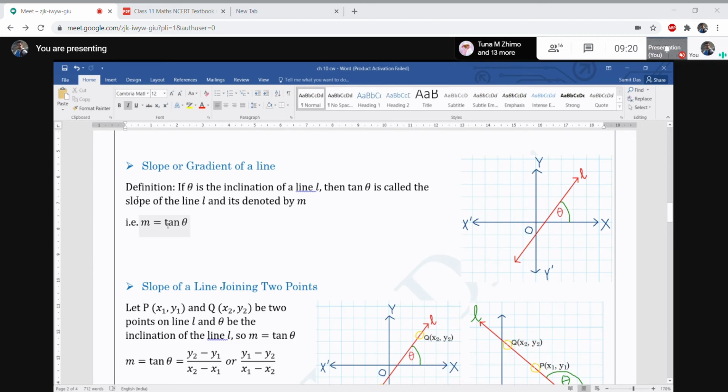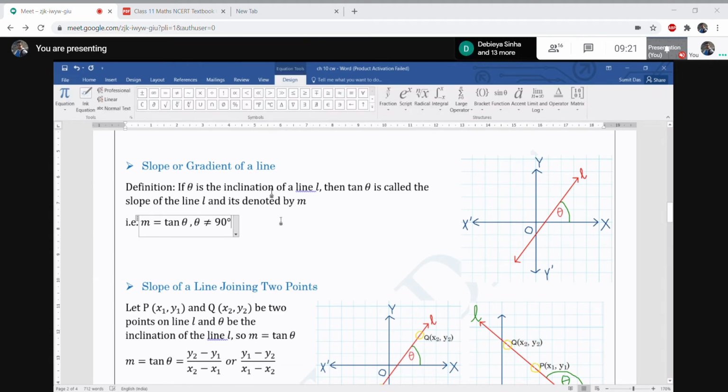Here, one thing we have to mention: theta is not equal to 90 degrees. Can anyone tell me why theta is not equal to 90 degrees? I'm writing here theta not equal to 90 degrees. Why?